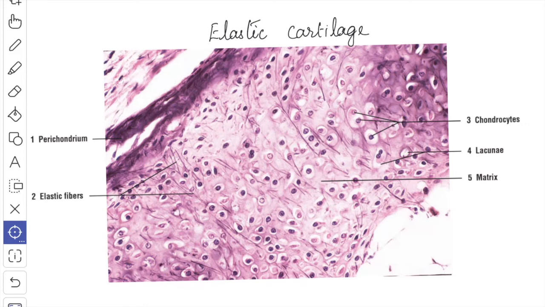The surface of elastic cartilage is covered by the perichondrium. The elastic cartilage possesses greater flexibility than hyaline cartilage, and it readily recovers its shape after being deformed.